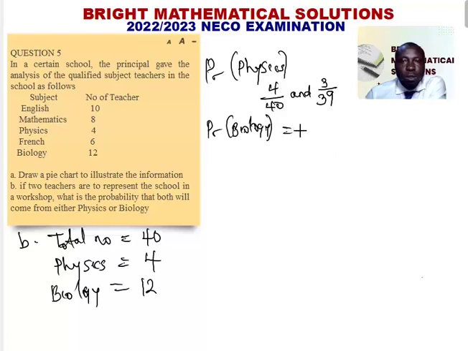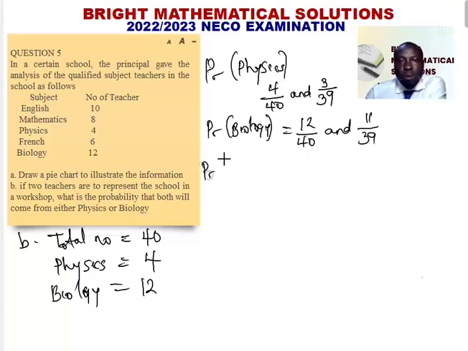So probability of biology, that gives us 12/40 and 11/39. So it is now either physics or biology.